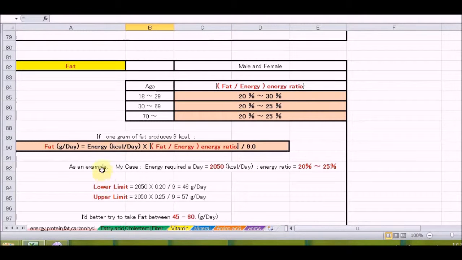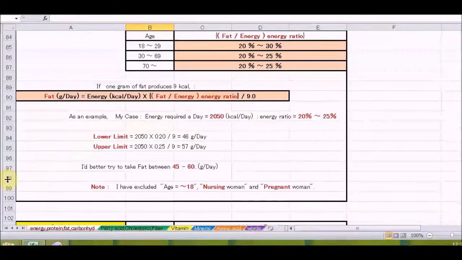For example, in my case, energy required a day 2050 and energy ratio 20:25, and so lower limit is 46 grams per day, and upper limit 57 grams per day.